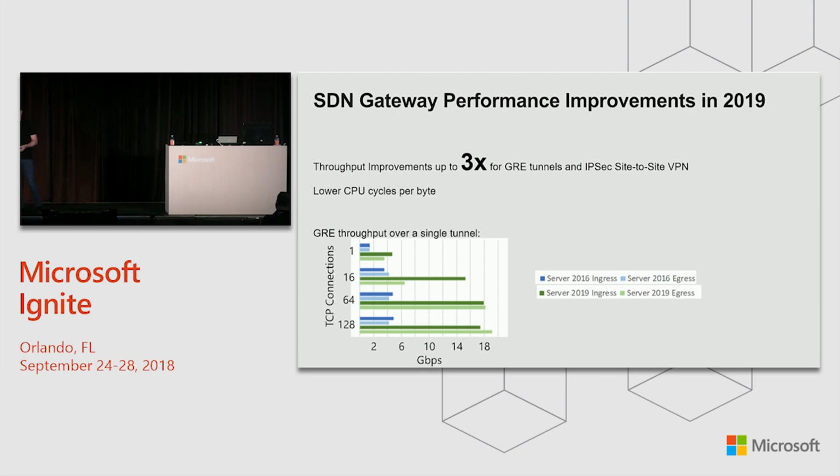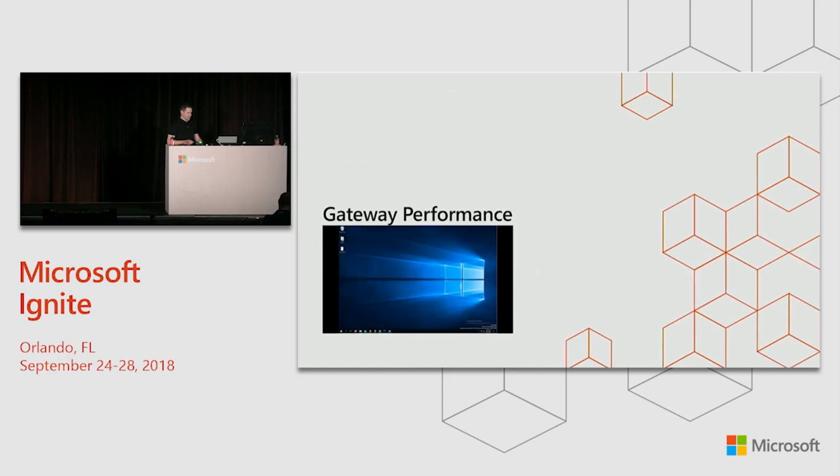We're able to use the SDN policy to program the virtual switch to basically do the GRE encapsulation in the host without actually sending it even into the gateway VM. And so that's how we're able to get 18 gigabits per second through a GRE tunnel. That's actually faster than what we get through forwarding through these gateways without the GRE encapsulation. So that's pretty impressive. Let's just show you that real quick in action.